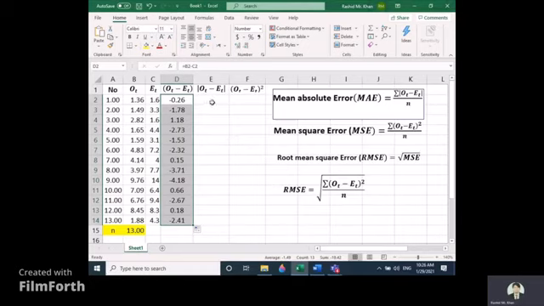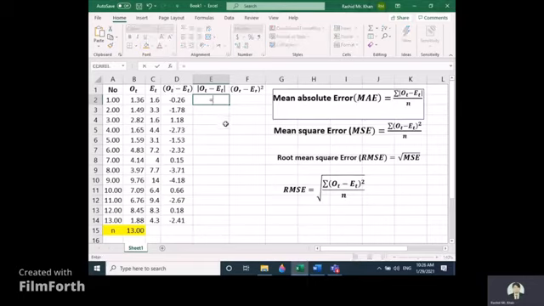Next we need the absolute values of these differences. So click equal and ABS, which represents absolute in an Excel sheet.